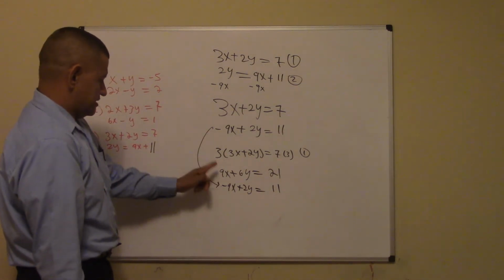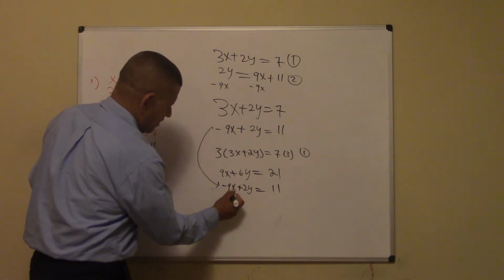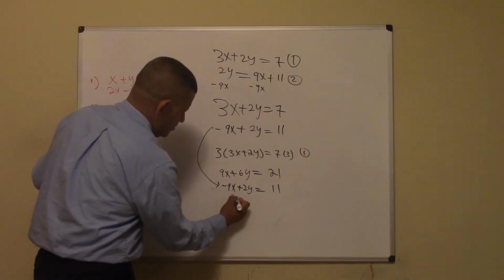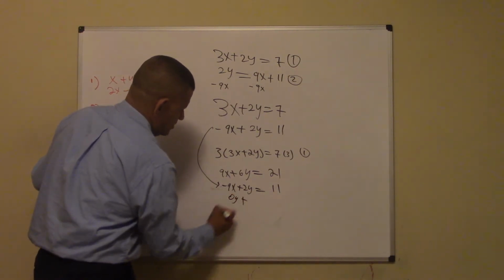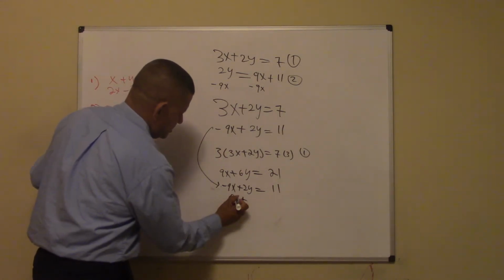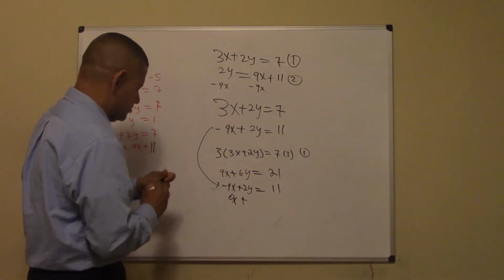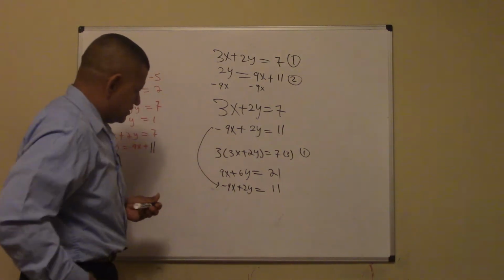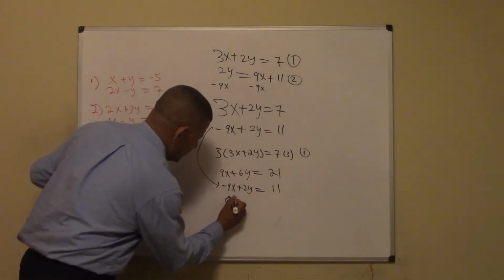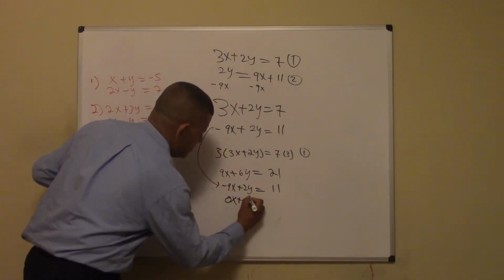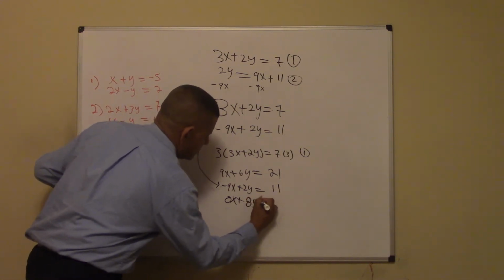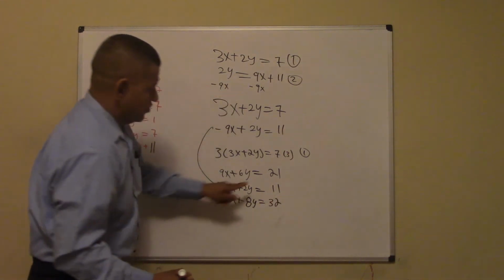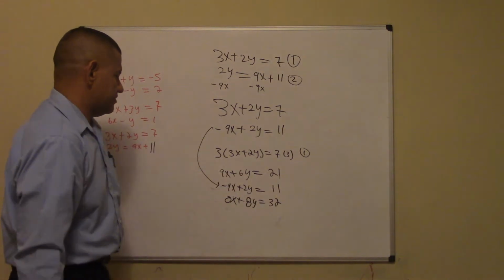Now I get rid of the x's and I add the y's, and I get 0x, which doesn't really matter, plus 8y equal to 32, right? 11 plus 21.